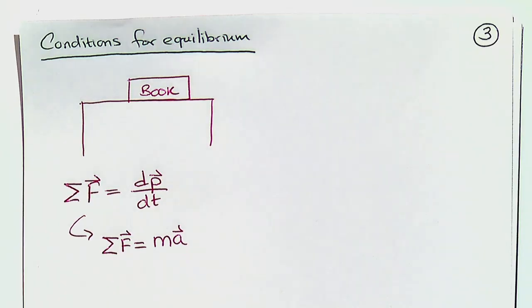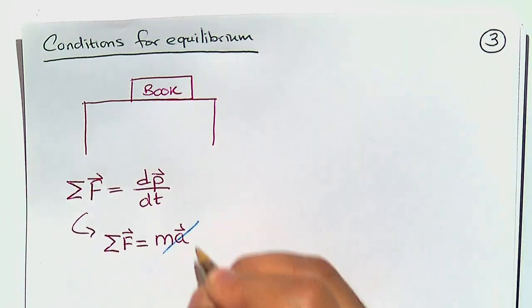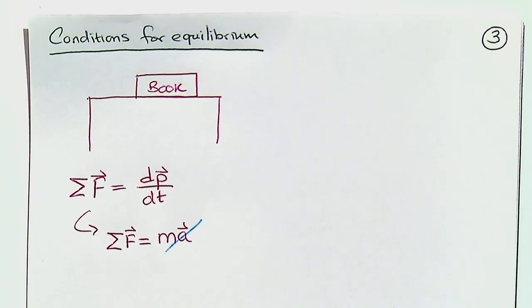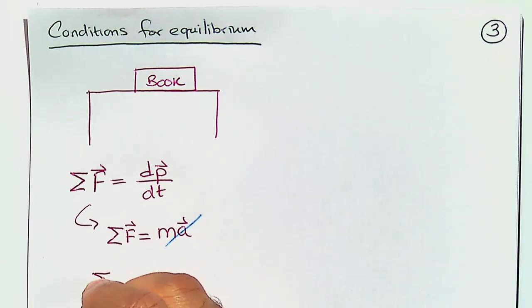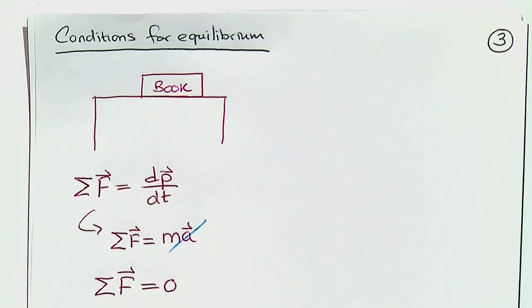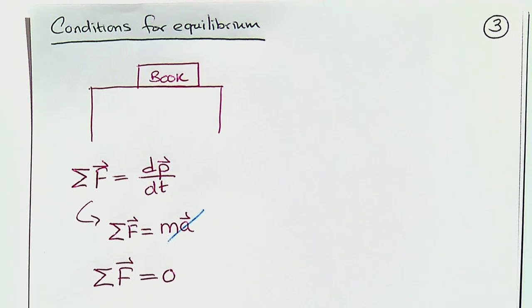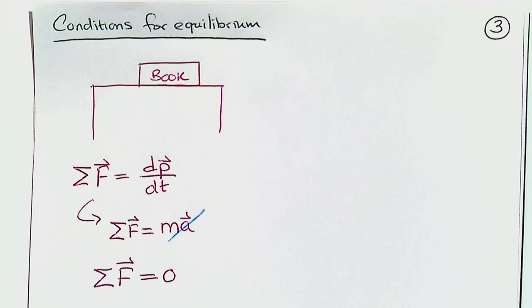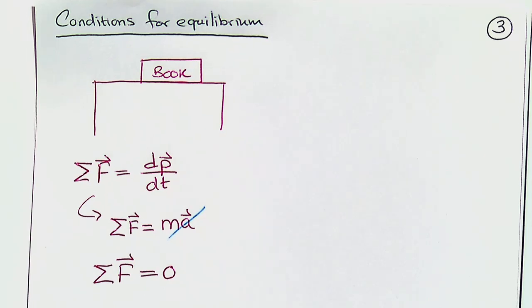And we said, for equilibrium, we don't want acceleration, and that gives us one of the conditions we've been using, where the sum of the forces is equal to 0. That's one condition, and if this is true, the book will not accelerate in a linear sense.